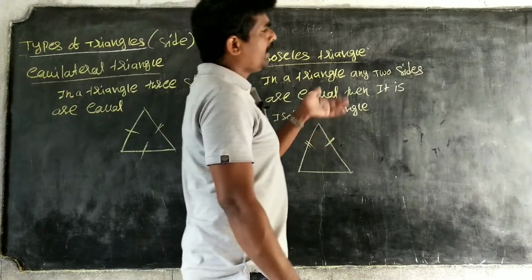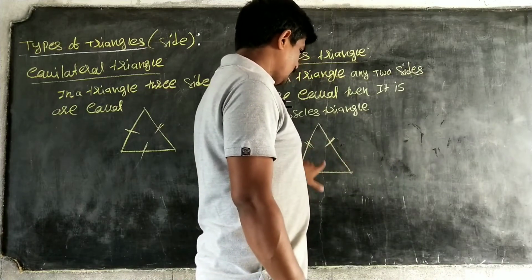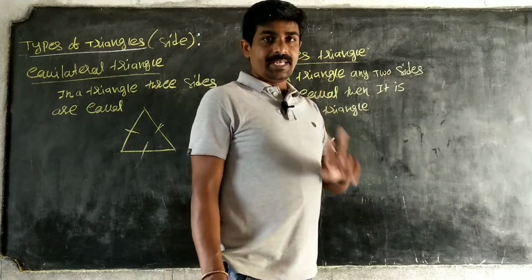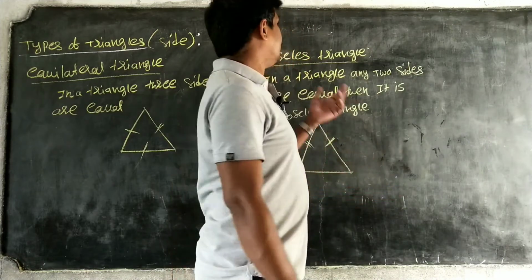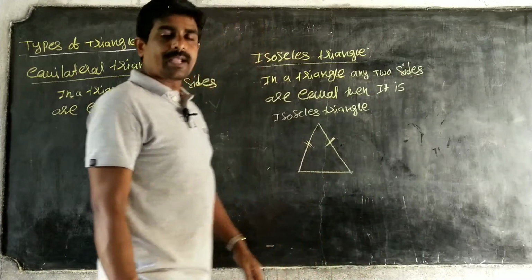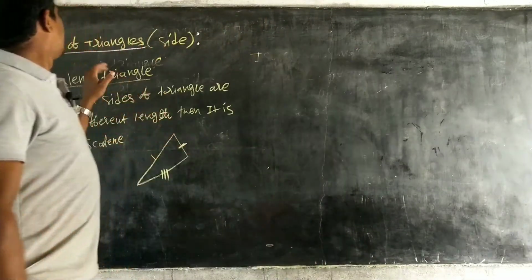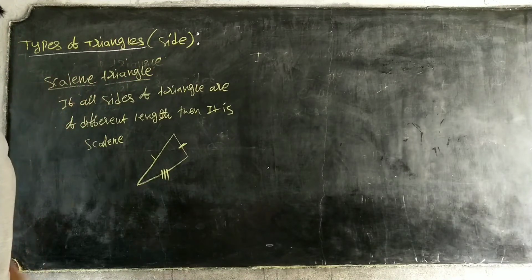If in a triangle any two sides, either these two or these two, whichever it is, are equal, then it is called an isosceles triangle. Okay? Right. Types of triangle. So what is the scalene triangle?